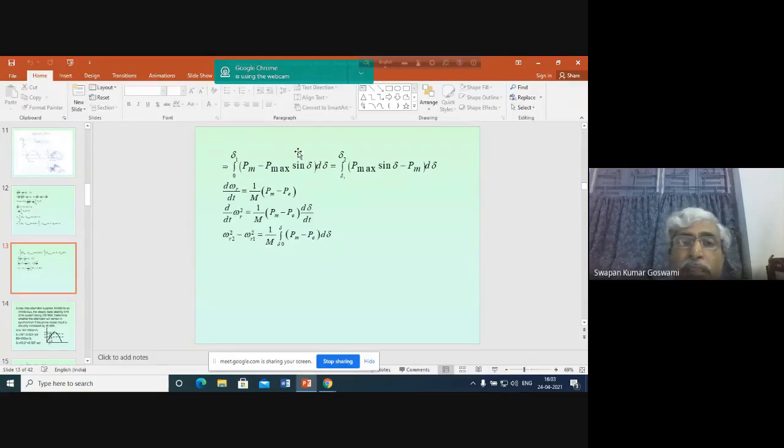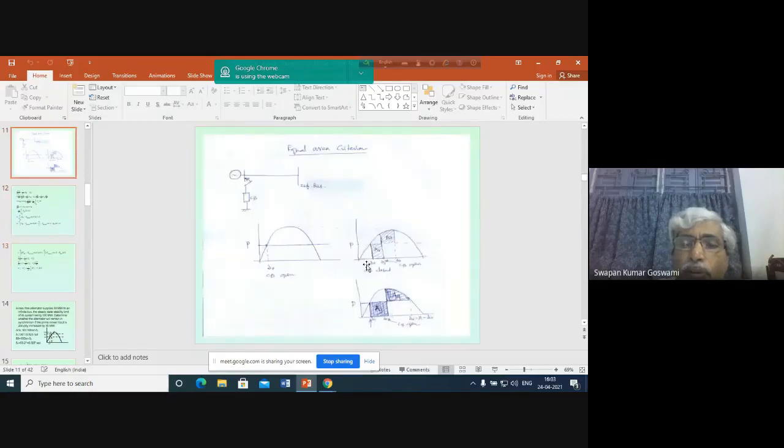So this represents area A1 where the generator is accelerating, speed is increasing. This represents the decelerating area where output becomes more than input. Let us not consider what lies beyond, because we shall not go there. From here to here, area A1 from delta 0 to delta 1, is mechanical power input minus electrical power output. We are integrating this area between these two.